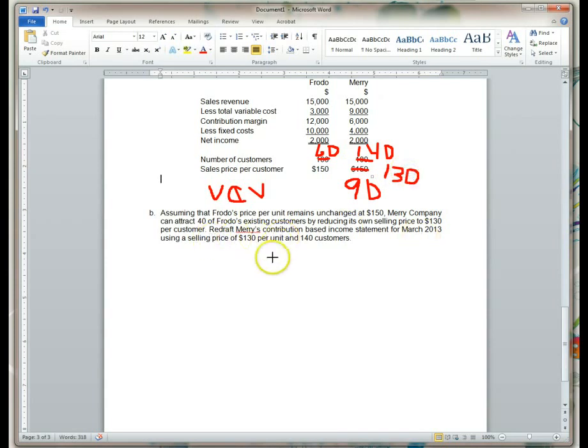So now they want us to redraft, okay, the contribution margin. So very similar. We take the 130 and you multiply it by the 140.